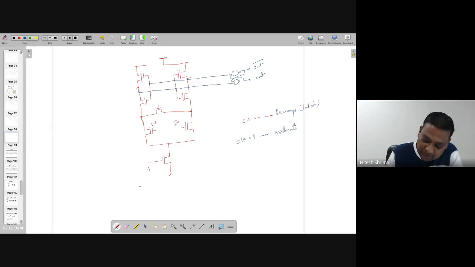So during clock equal to 1, this is connected to ground, and at that time when in goes from 0 to 1, and in bar is going from 1 to 0, what is going to happen over here? Because this is going from 0 to 1, this is going to be on, or you can say this will be shorted, and this will be removed.